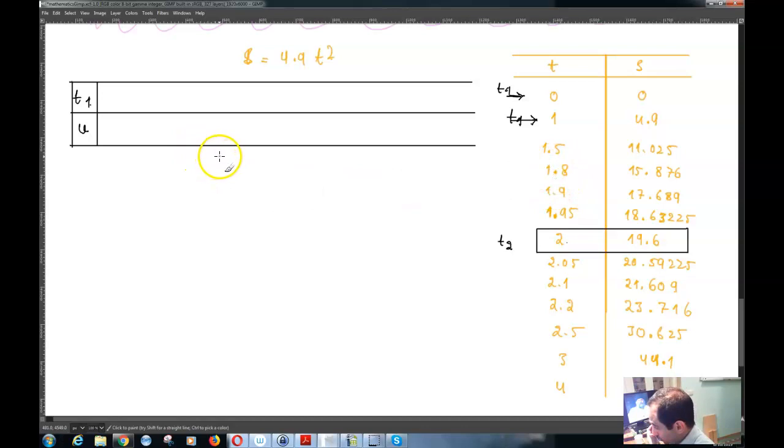So for example, when your t1 is equal to 0, we calculated the average velocity, and it gave us 9.8 meters per second. When your t1 was 1, it gave us some value like 14.7 meters per second. And in the same way you can calculate them for all of these t1s as well.